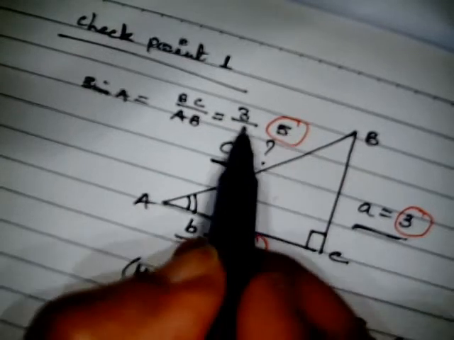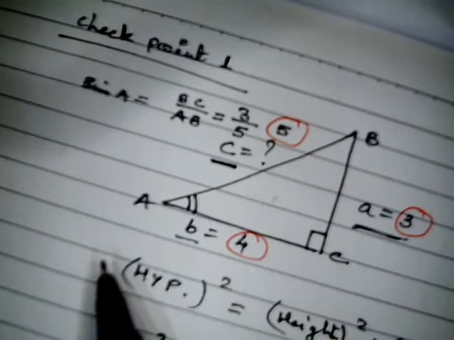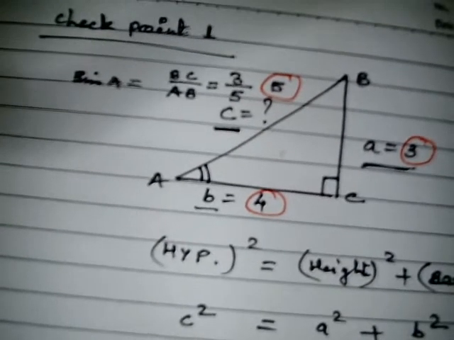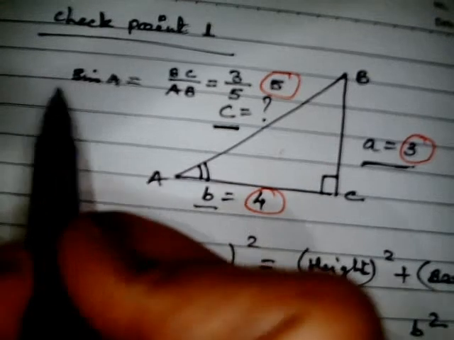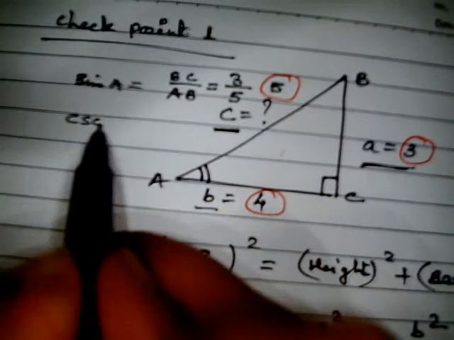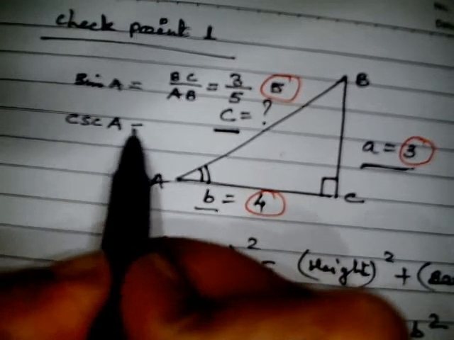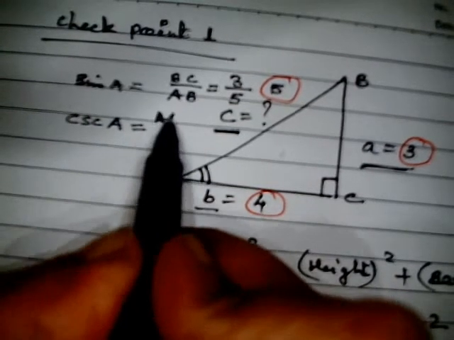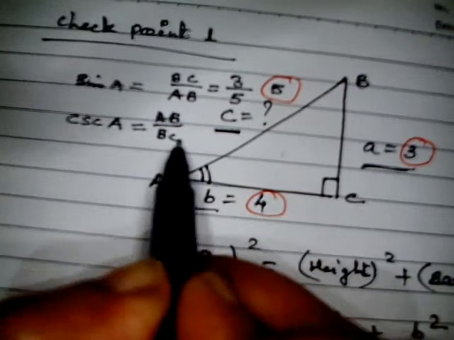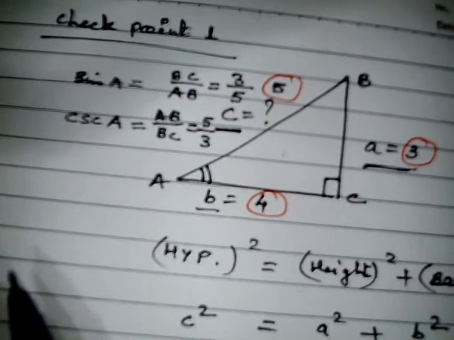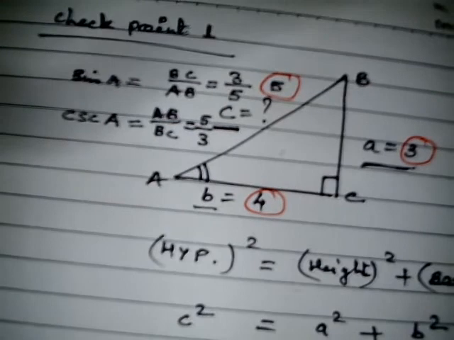Now the reciprocal of sine is cosec, represented by CSC A. Cosec is the reverse of this, so it is AB upon BC equals 5 upon 3. So this is your sine and this is your cosec.